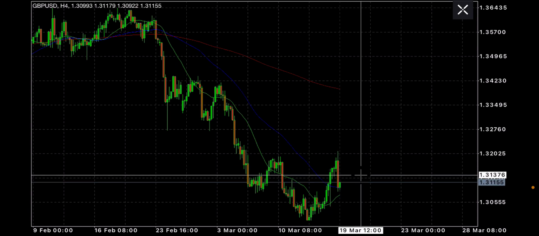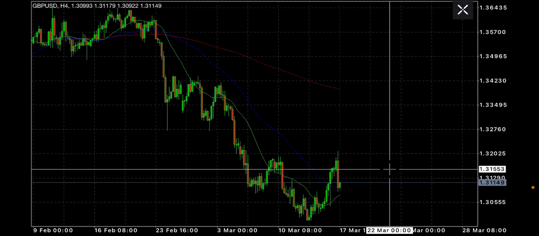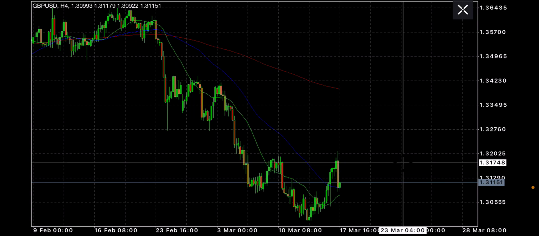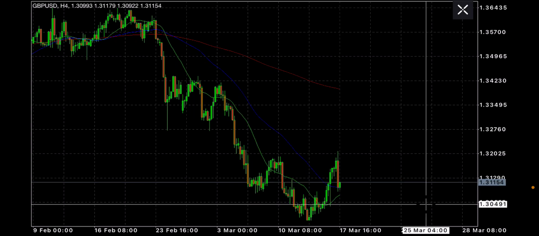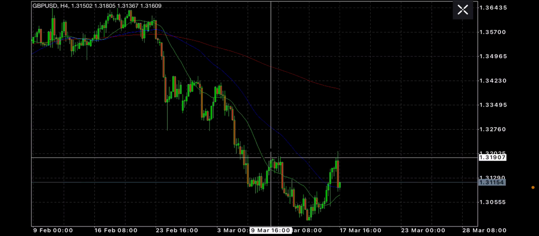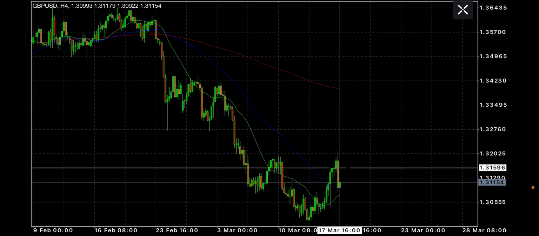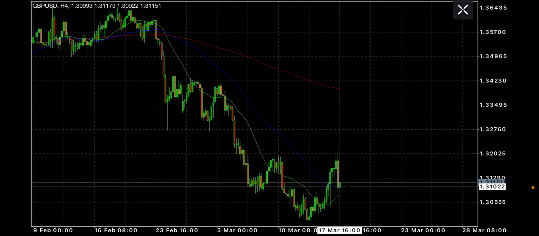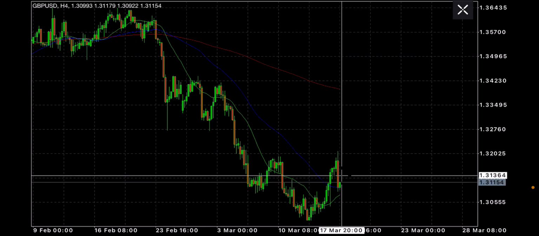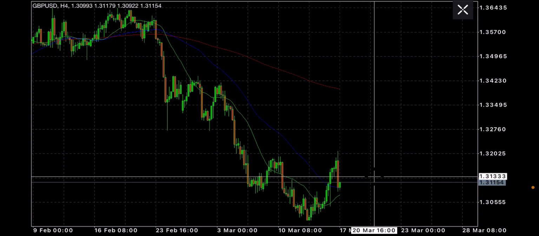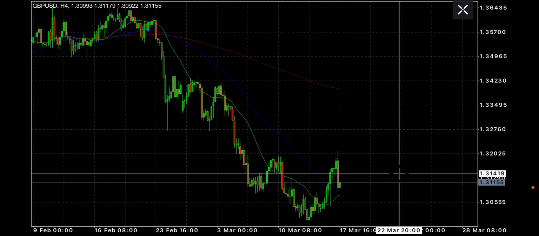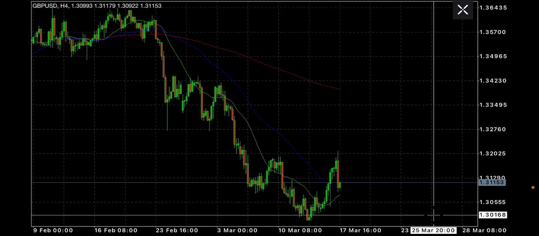So what may start happening now is that we may start to range out before we continue to go back down. Okay, because this was our retracement period here, and then as we can see, very, very large selling pressure came into play. So there's a strong possibility we may just continue to range out here before we continue to start to go back down.